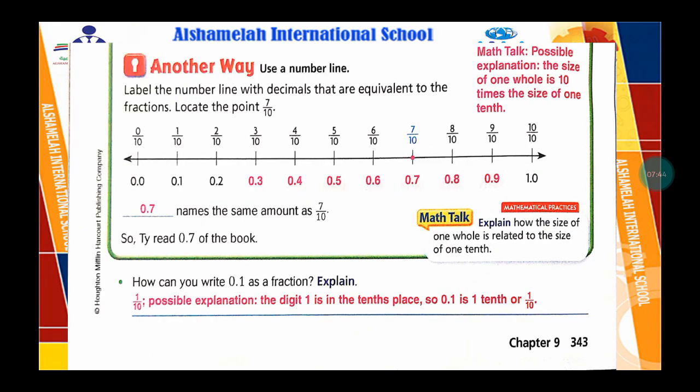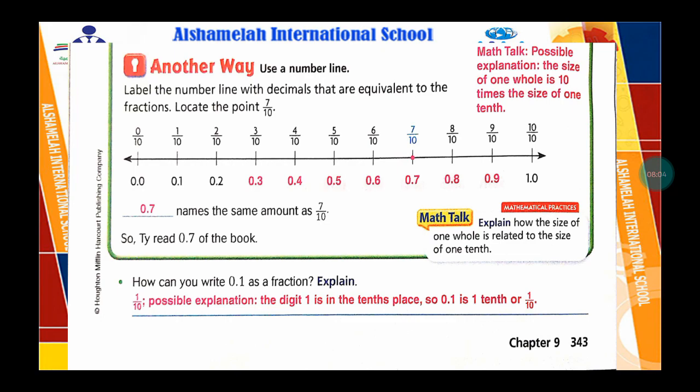Okay, you can write your answers here. First, complete 0.3 on your number line, 0.4, 0.5, and so on. And 0.7 names the same amount as 7 tenths, so read 0.7 of the book.